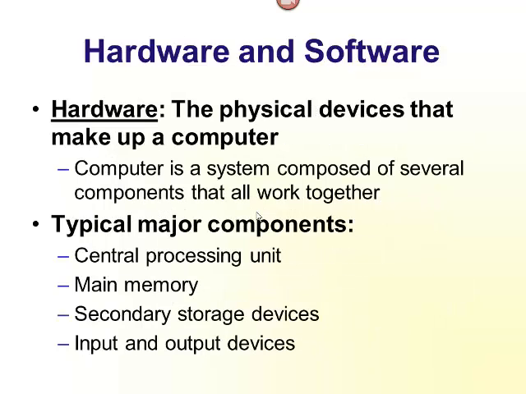There are two distinct components to a computer, the hardware and the software. Let's first talk about the hardware before we get to the software. The hardware is the actual physical devices that make up the computer system. Whether we talk about the large computers or the small ones, or tablet computers or palm-top computers, all of them have some form of hardware.